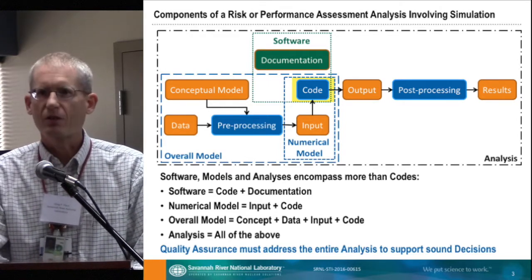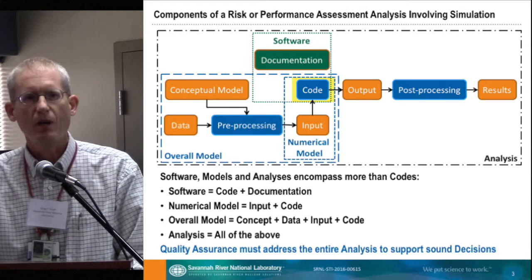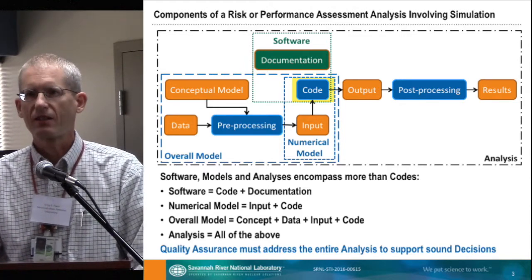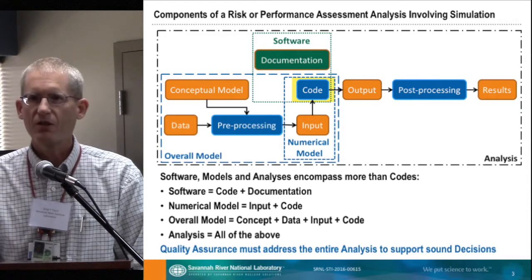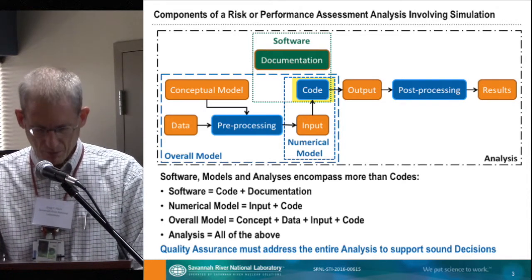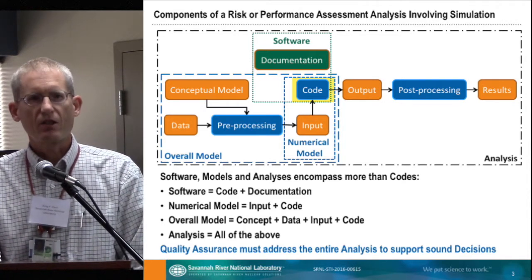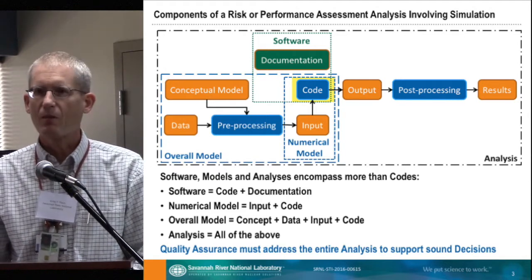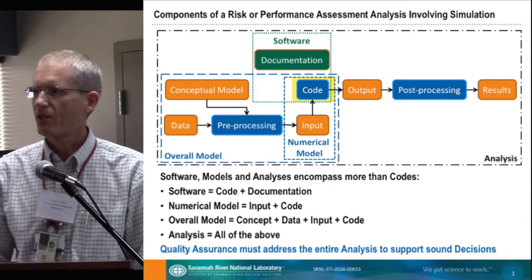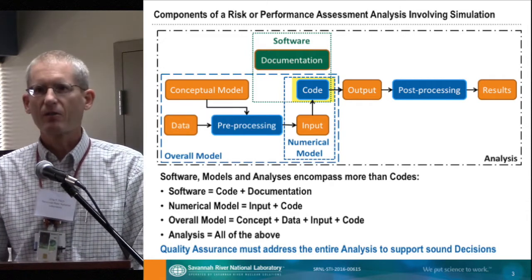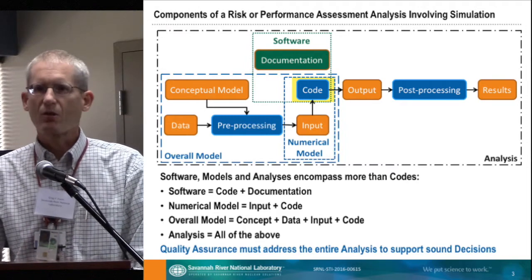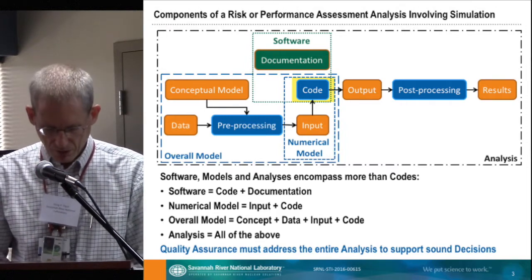And similarly, if we're talking about a numerical model, it's not just the code, it's also the input deck that feeds that code, and those two things together comprise the numerical model. And of course, the numerical model is really not the only part of the model. Underlying that numerical model is a mathematical model, and behind that is a conceptual model, and obviously there are data sources that feed into that mathematical representation.